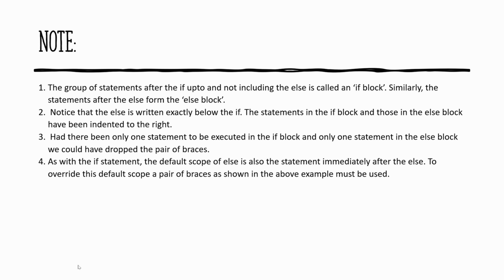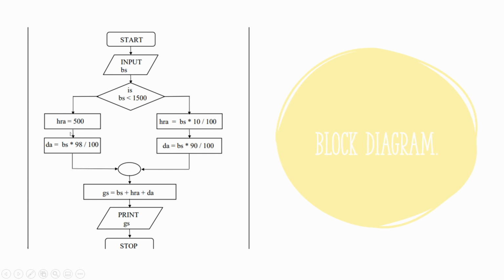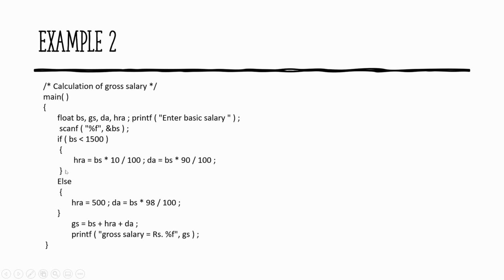So basically we have to remember these points. These are the main points that you have to remember in order to get a broad view of what an if else statement really is, right? The group of statements after the if, up to and not including the else, is called an if block, which means, as I described here, the group of statements from here to here is an if block, and this is an else block.